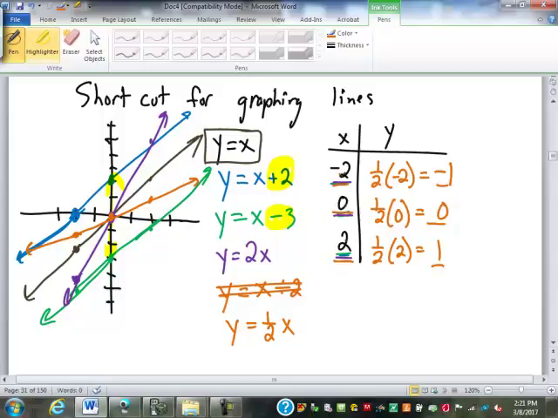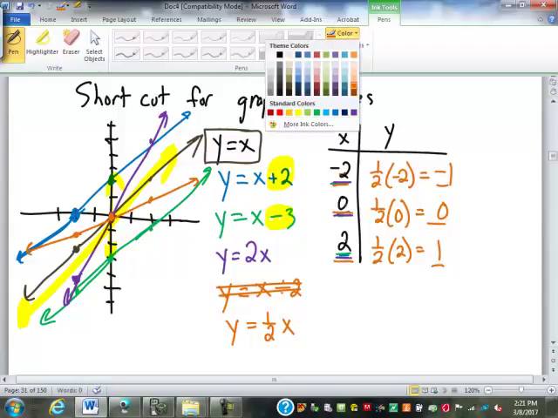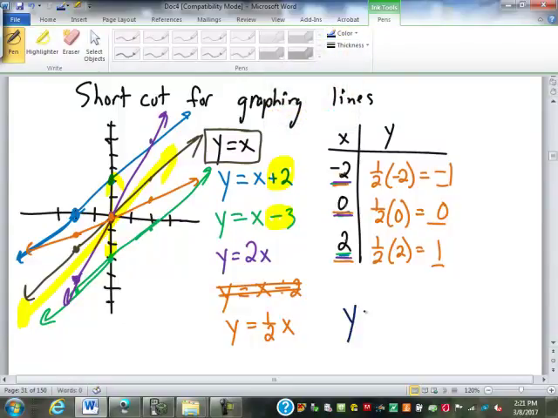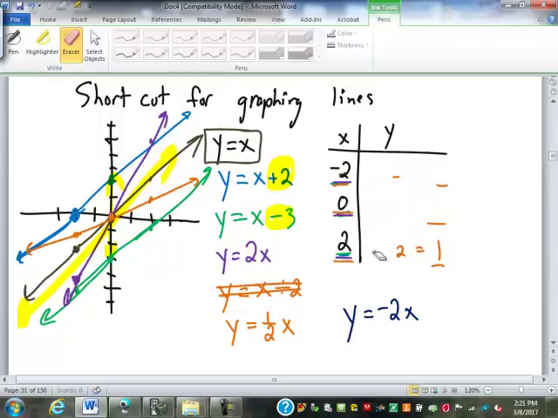Well, so far, all these lines we've got here, as we move from left to right on the graph, they go up. How do you think we'd make one go down? Well, let's try y equals a negative 2 times x. If we did that, if x is negative 2, what's negative 2 times negative 2?